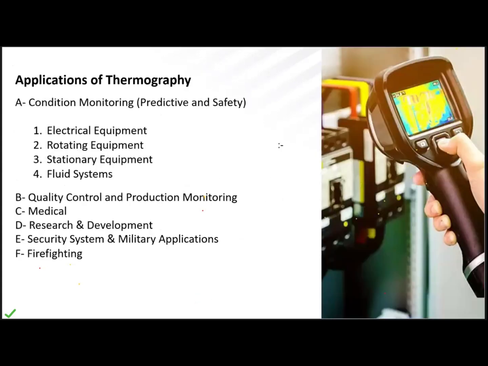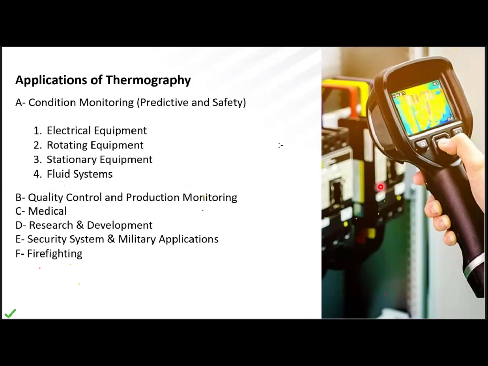Okay, so let's talk about the applications of thermography. Thermography can be used in a lot of applications. First, in condition monitoring and predictive and safety applications, where we can inspect electrical equipment, rotating equipment, stationary equipment, fluid systems, and many other equipment.